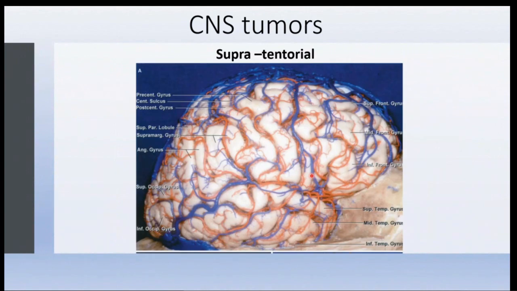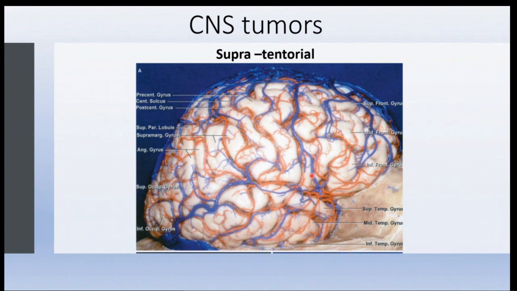Another way of classifying brain tumors is to say that these are supratentorial. And if you remember, the tent is the part of the dura that separates the supratentorial compartment, where there's the cerebral hemisphere, the corpus callosum, and the deep basal nuclei, and it ends at the level of the midbrain or the tentorial incisura.